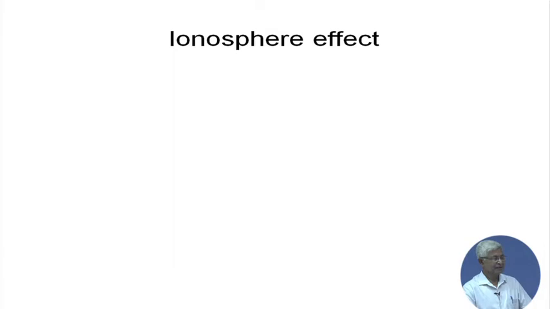And since they are charged particles, obviously they try to follow the magnetic effect of the Earth, that is from the equator to the pole. The magnetic lines they will follow depending on the type of charge.